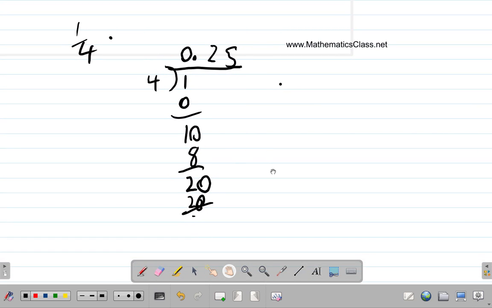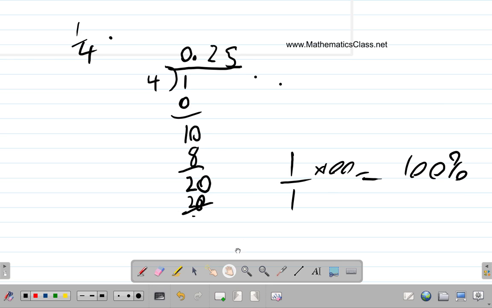Now, how do you change this into percent? Since cent is out of 100 and this is a single number, right? It means that 1 out of 1 is, you multiply by 100 and you get 100%.